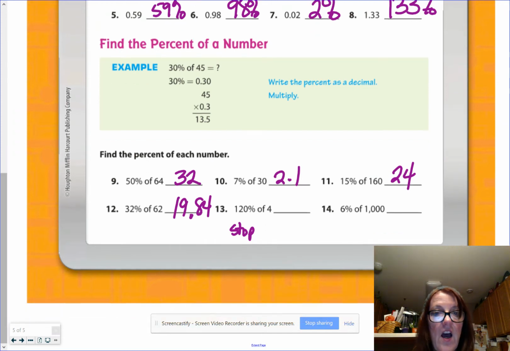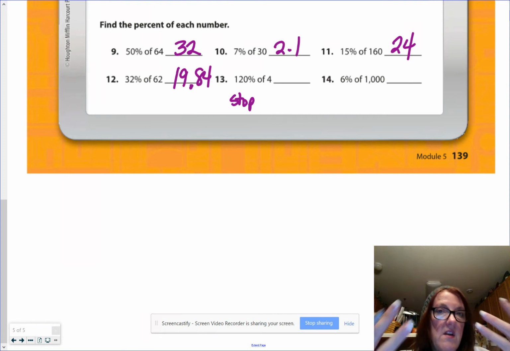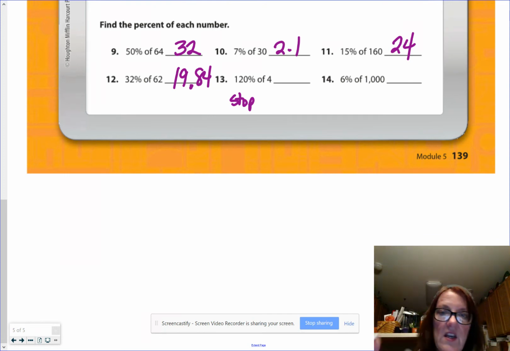If I take 100% of 4, I'd get 4. So if I'm doing 120%, I should end up with something bigger than 4 because I'm going more than 100%. And you are. You should get 4 and 8/10. The last one, 6% of 1,000. You should end up with 60.